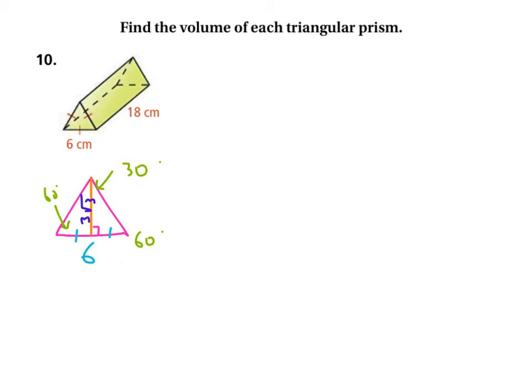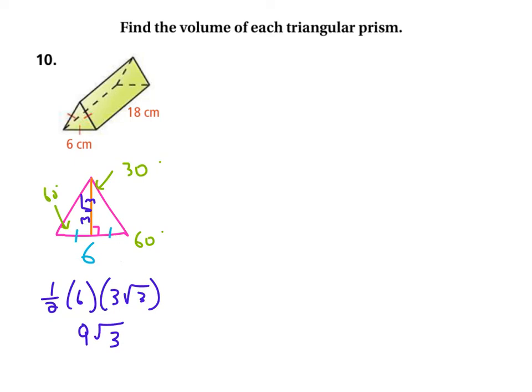And so you do 1/2 base times height, and you say 1/2 of the 6 times the height, which is 3 root 3. Half of 6 is 3. 3 times 3 root 3 is 9 root 3. So we have the area of that base of 9 root 3.